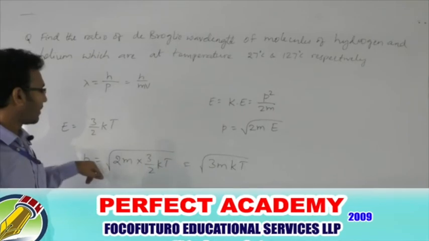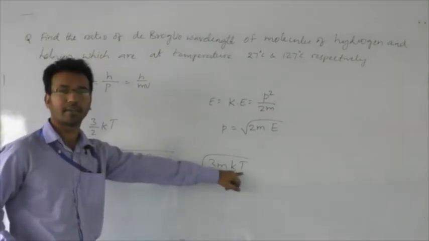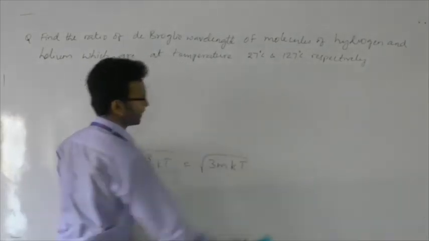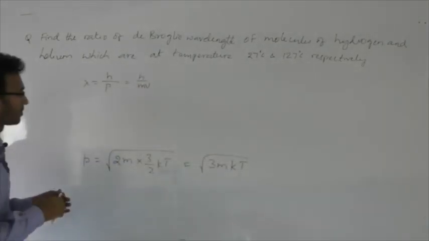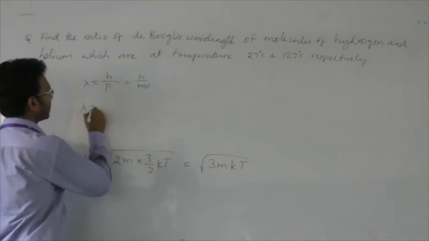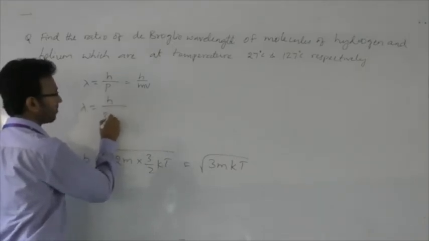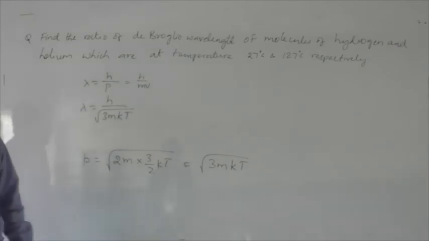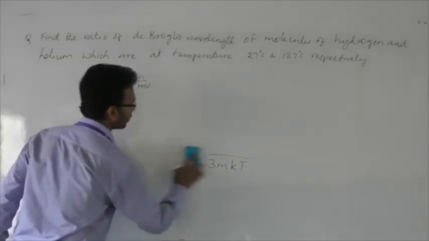So this is the momentum in terms of temperature. Now I'll write this. Lambda is h by root 3mkT. Now take the hydrogen molecule first.